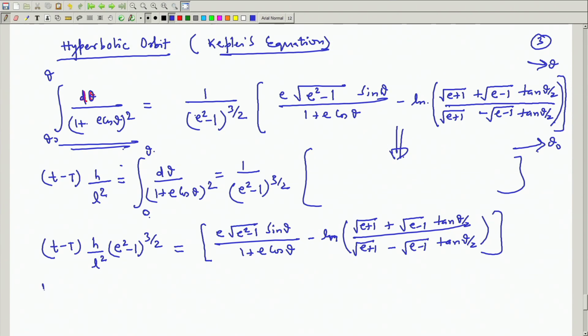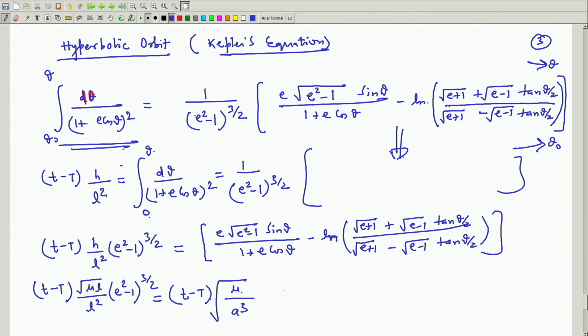If we reduce the left hand side, we are interested in eliminating h here. So, we write here mu by L under root, L square E square minus 1 to the power 3 by 2, and this quantity will be t minus t0, which is mu times a cube under root, and this equals the right hand side, this whole thing copied here.